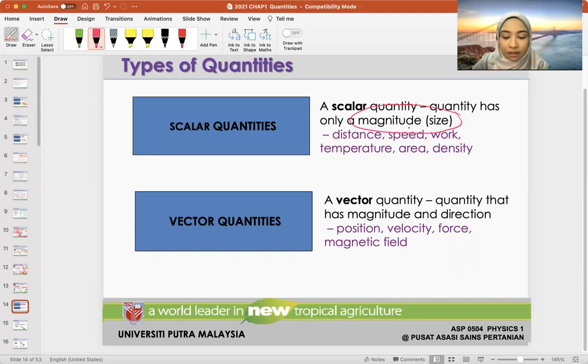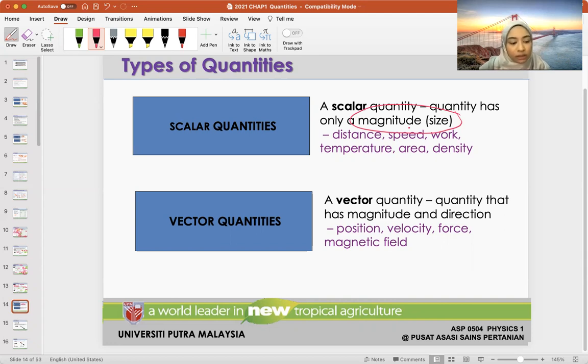Okay. And then Radin goes, ada Radin ke dalam kelas ni? And then Radin goes, tapi nak pergi kanan ke, kiri ke, depan ke, belakang ke. So it's not very helpful lah if you use scalar quantity when you want to go somewhere, right? You're talking about distance, you're talking about speed, you're talking about time, talking about temperature. It's not helpful if you want to move, right?